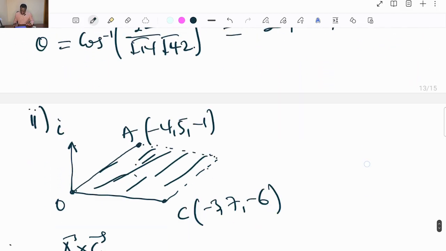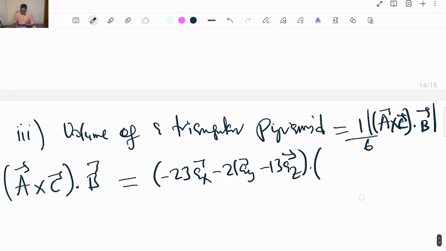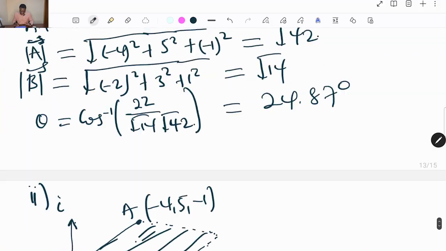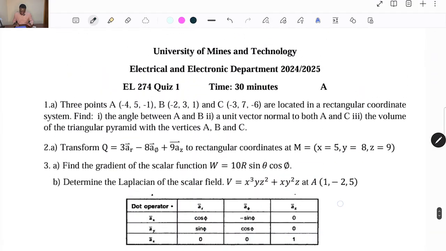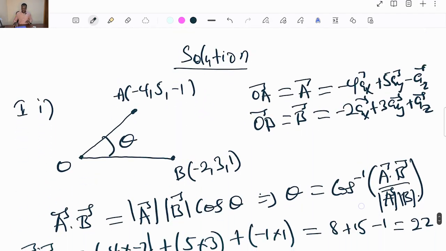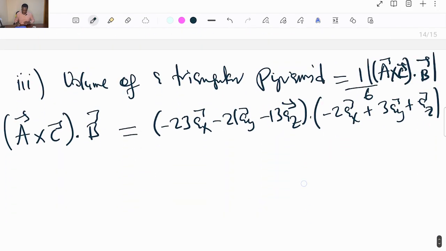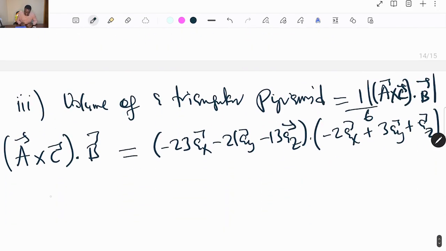So I can write here minus 2 along the x-axis plus 3 along the y-axis plus 1 along the z-axis. So let me get this right: minus 2, 3, 1. Very good.